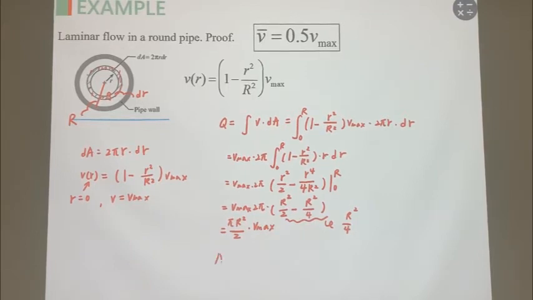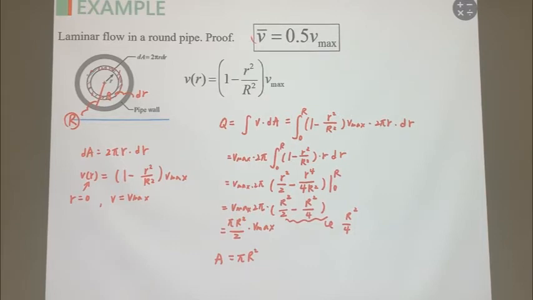And then the total area of the pipe, the cross-section area, is also equal to pi R squared, right? Because R is the radius. So the area of the circle is pi R squared.